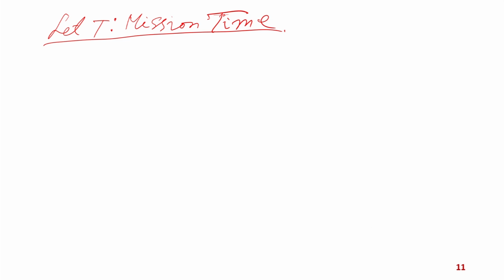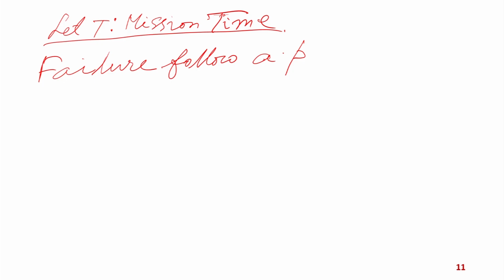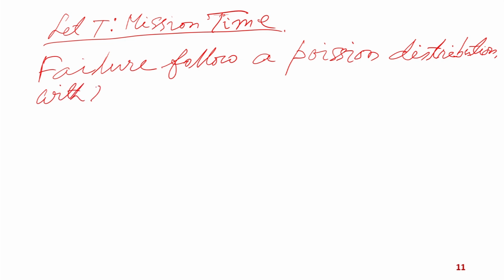So, here failure follows a Poisson distribution with failure rate lambda.